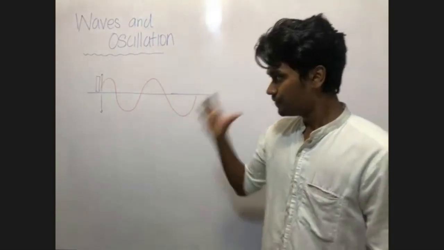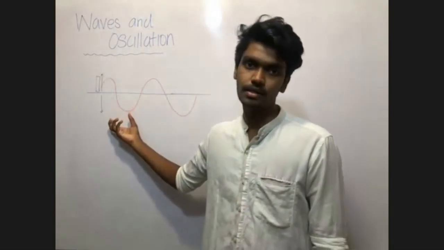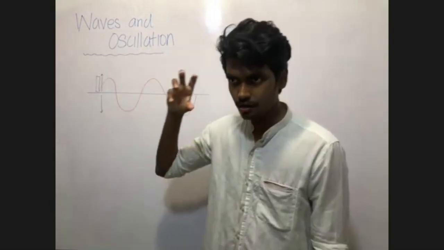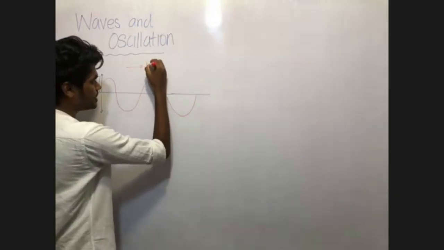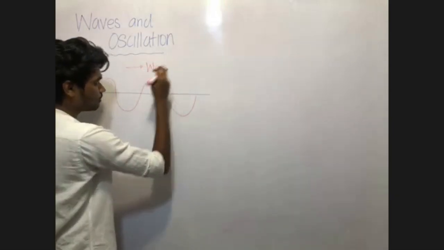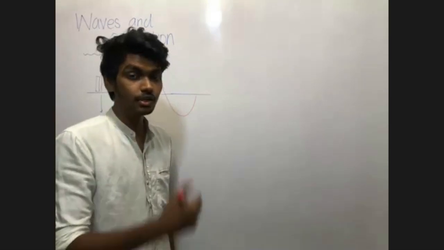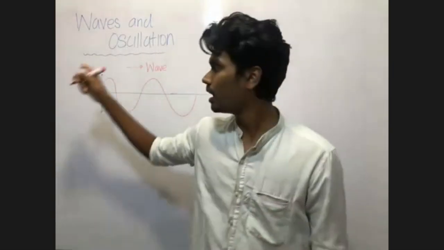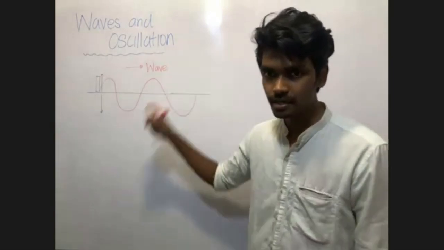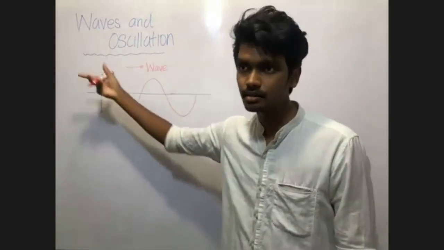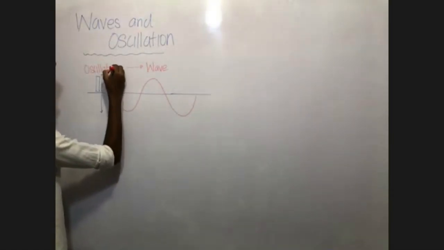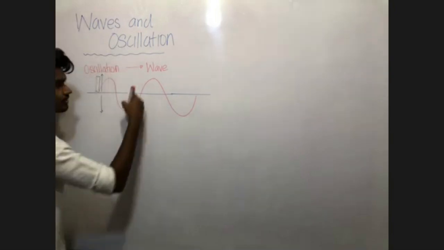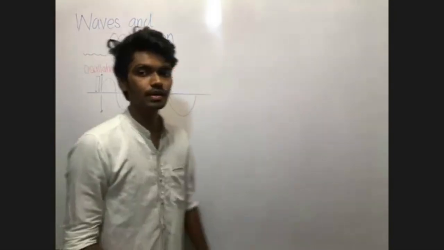If you analyze this properly, you'll see that a wave was generated due to an oscillation. Due to this oscillation only, the wave starts to propagate in the forward direction.